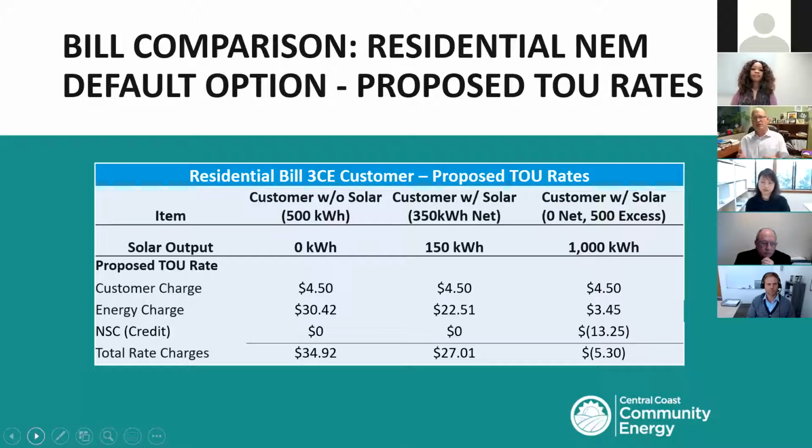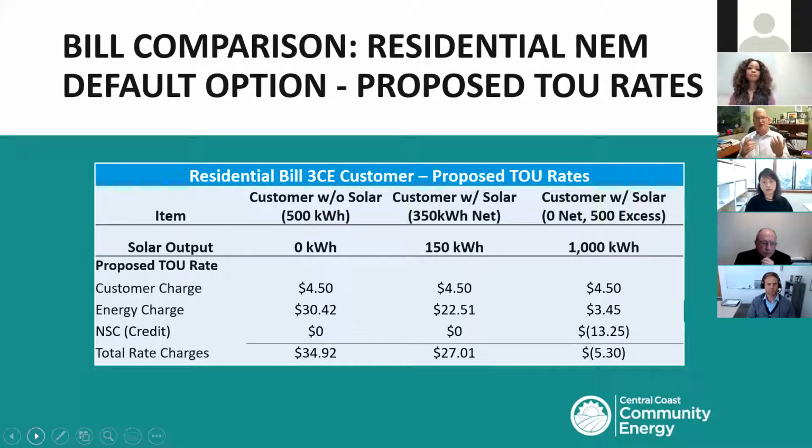Finally, in the last column, you have a customer with rather large solar. They're using 0 net at the end of the month, and in fact, they're sending back 500 kilowatt hours of excess energy. Their customer charge, again, is $4.50.